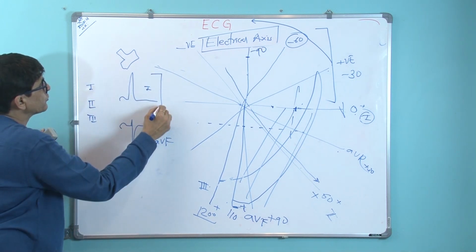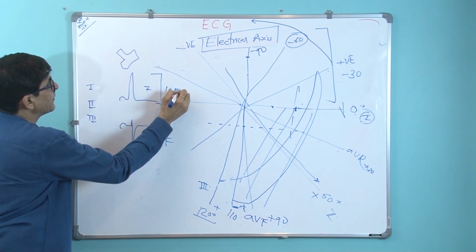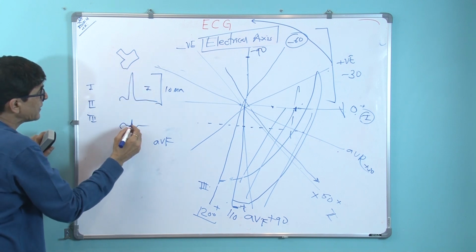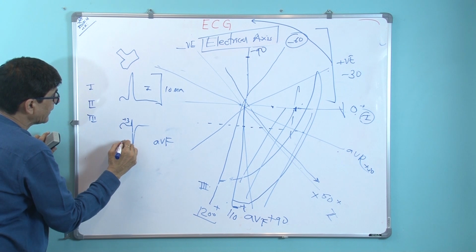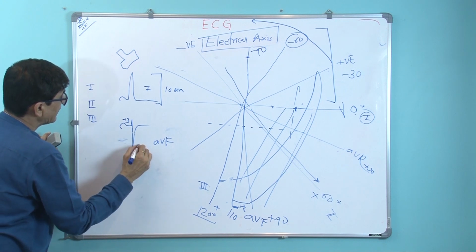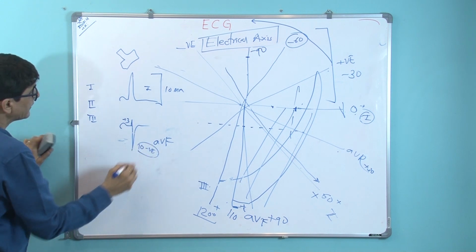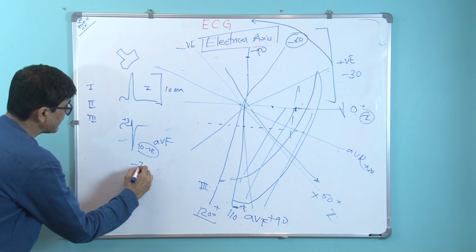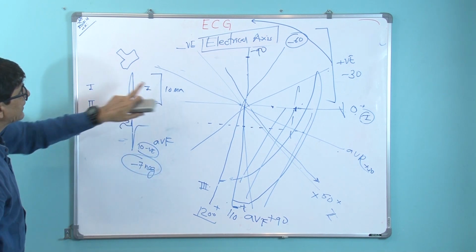Here the resultant positive deflection is how much? 10 millimeter. There is no negative deflection here, see, all positive. Here 3 positive and 10 negative. So the resultant is minus 7 in AVF and lead 1 is 10 positive.